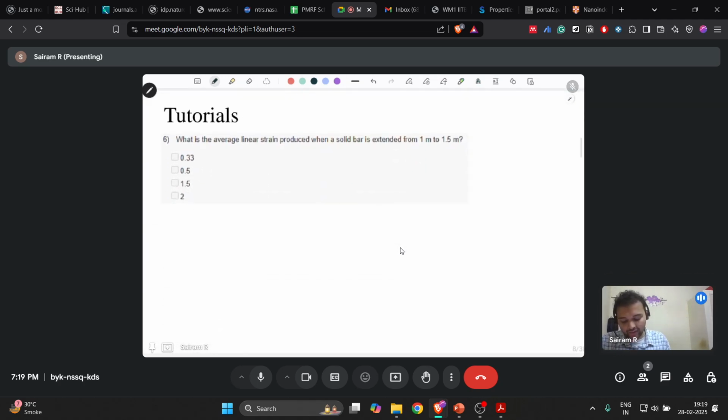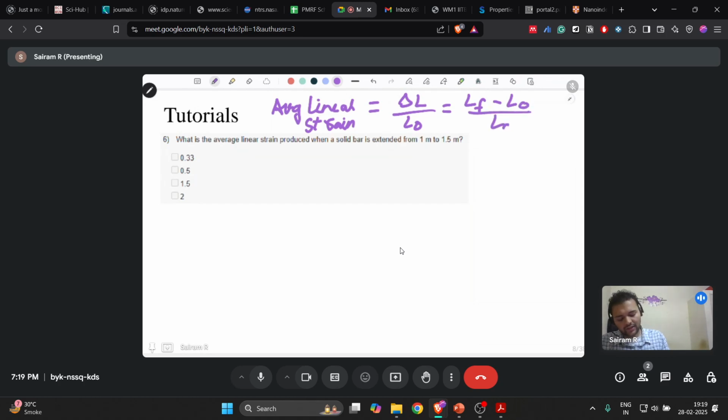The next question is, what is the average linear strain produced when a solid bar is extended from 1 meter to 1.5 meter? What is the formula for average linear strain? Linear strain equals delta L by L naught, which is L f minus L naught by L naught, which is the final length minus initial length by the initial length.